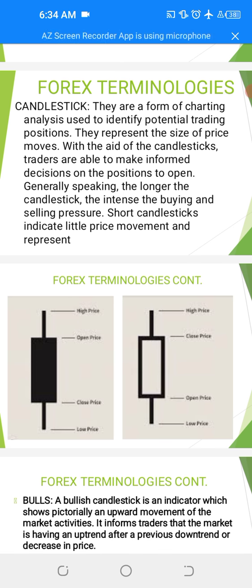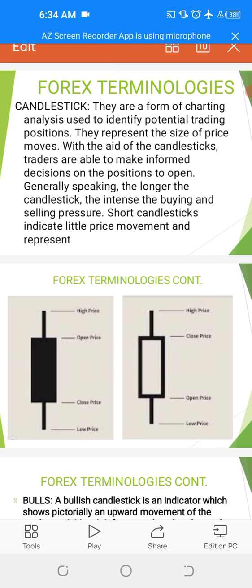Now, what do we mean by that? If you recall, in our last class, I told you that when you go to the chart, the trading order which is on the trading platform, you are not going to see money or currencies written on the platform, because I defined Forex as the buying and selling of different currencies.